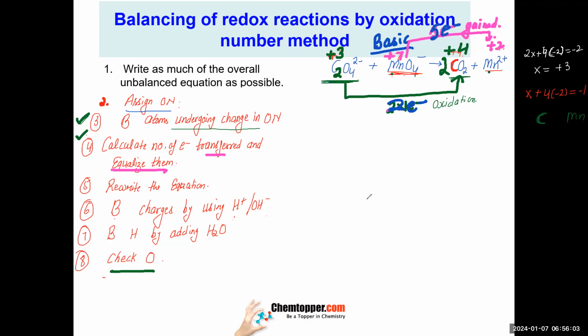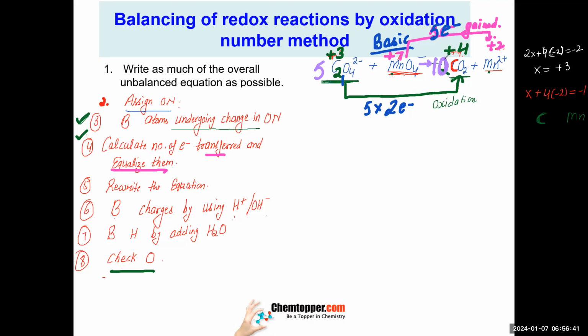I have to make them equal. So, do you know any factor which can make them equal? What's the common multiple of 5 and 2? 10. So what can I do? I can multiply this oxidation equation by 5. Children, see here, 5 here, so this will become 10.